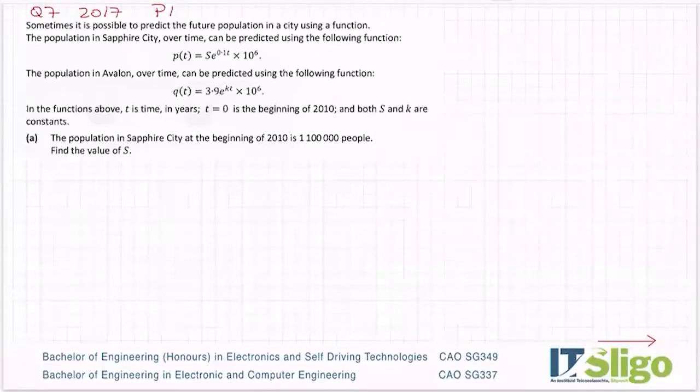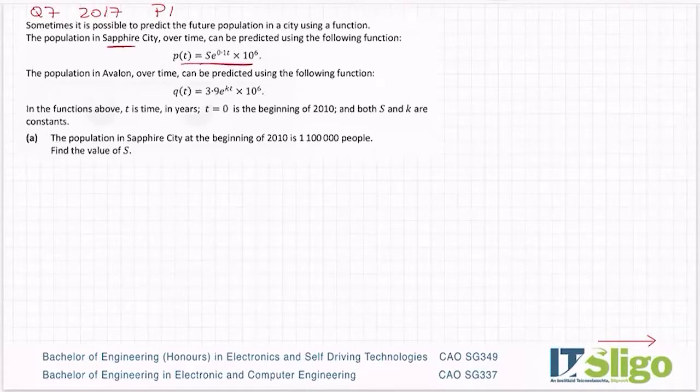Sometimes it is possible to predict the future population in a city using a function. The population in Sapphire City over time can be predicted using the following function: P of t equals s e to the power of 0.1 t by 10 to the 6.